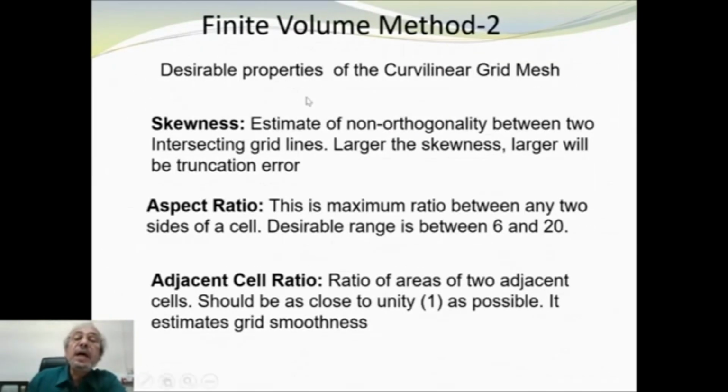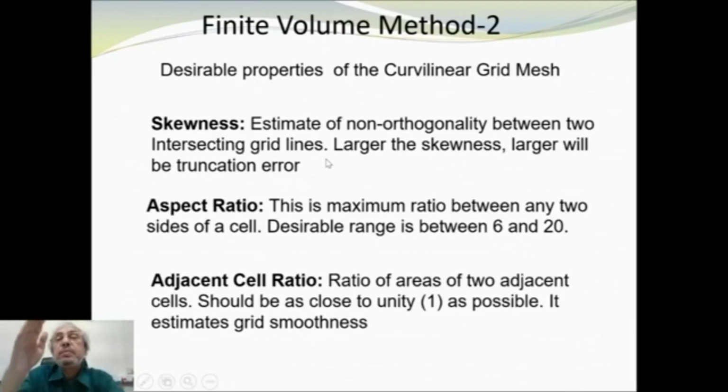That means after generating the grid, we have to test. Before generating the grid, we have to know that the curvilinear grid mesh should have these properties. One is skewness. What is called skewness? Skewness is an estimate of non-orthogonality between two intersecting grid lines. Larger the skewness, larger will be the truncation error.